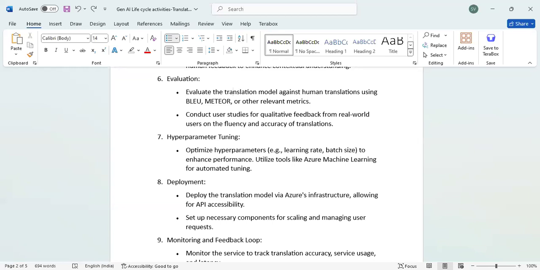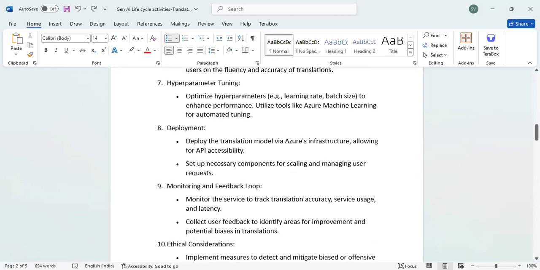How long it is taking, all that needs to be measured. That is the learning rate of the model. Then batch size: how much time it is taking for each document, or for 10 documents, or 100 documents in a bunch. That needs to be tested under hyperparameter tuning. Utilize tools like Azure Machine Learning for automated tuning.